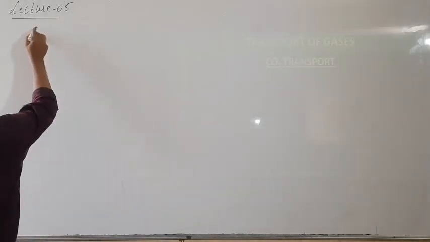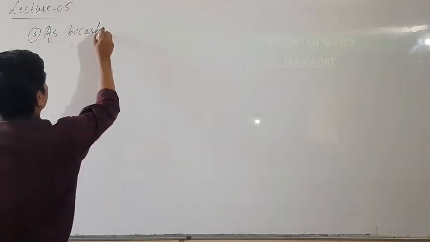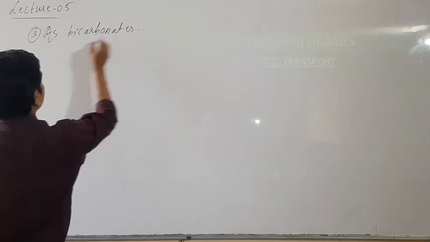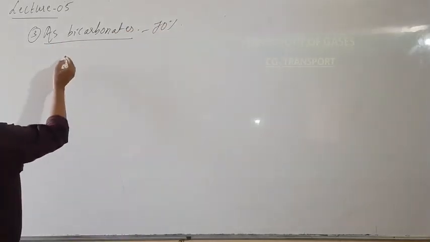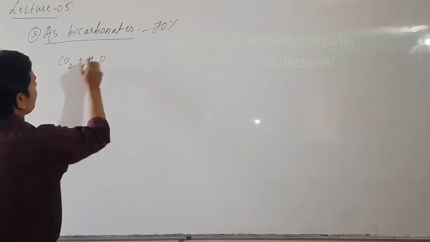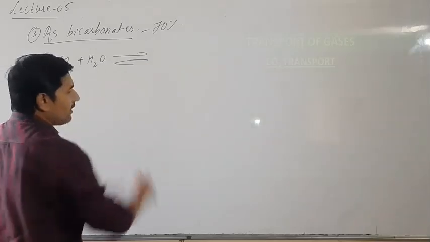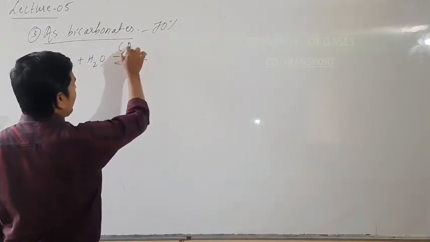Then, how exactly does it occur? The third one, as bicarbonates. What is the percentage? 70% of CO2 is transported. How exactly does it occur? Carbon dioxide will combine with water in the presence of an enzyme called carbonic anhydrase.